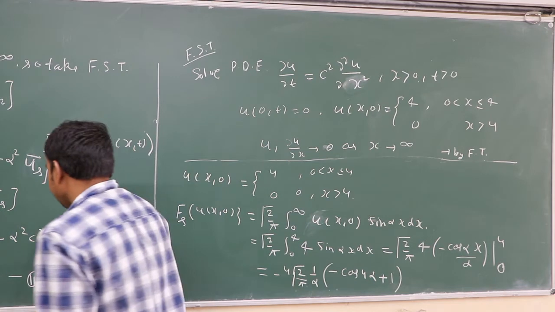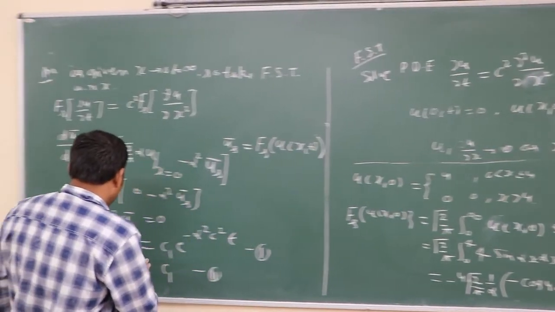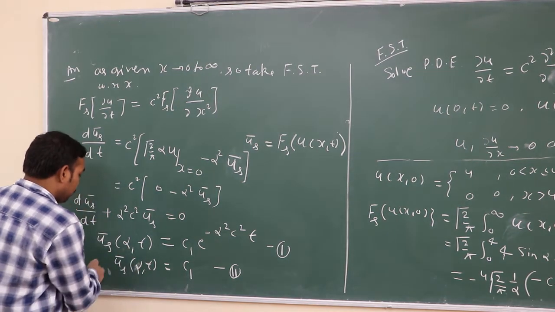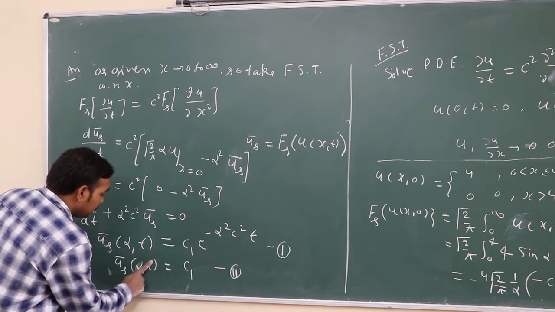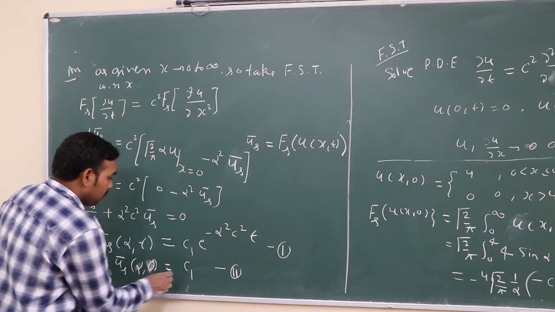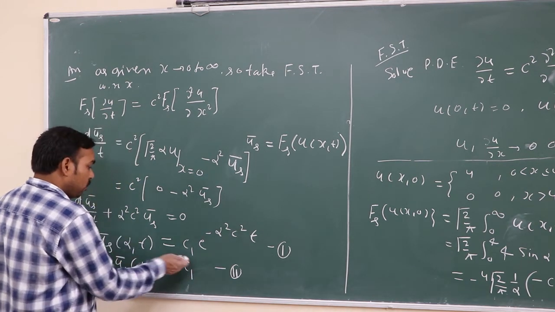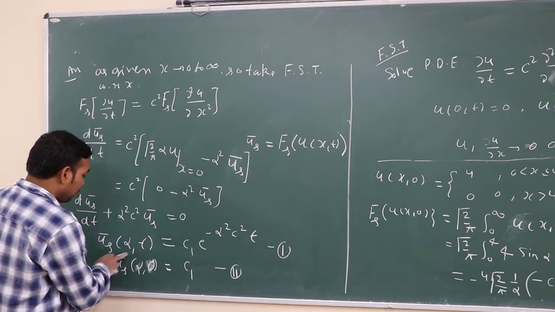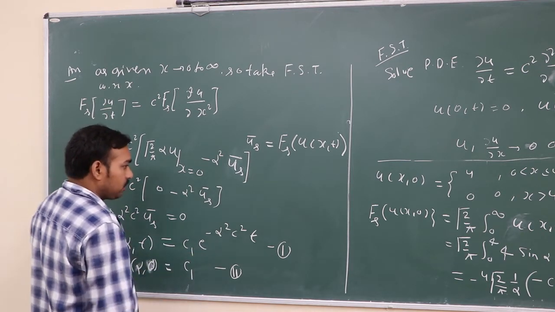Here, at t equal to 0, putting t equal to 0, we simply get u_s bar(alpha, 0) equal to c1.